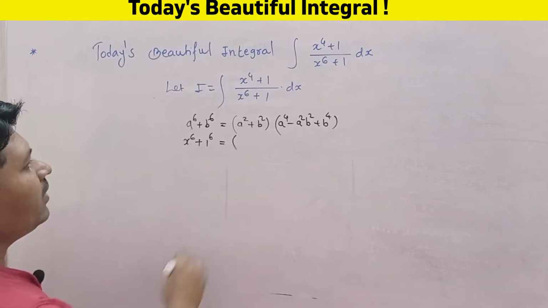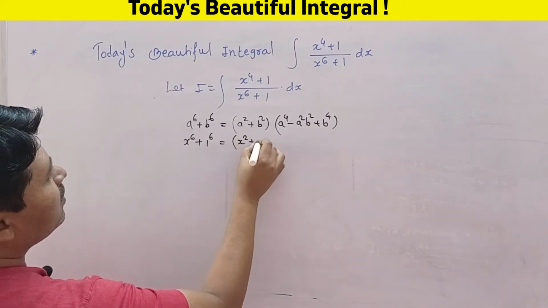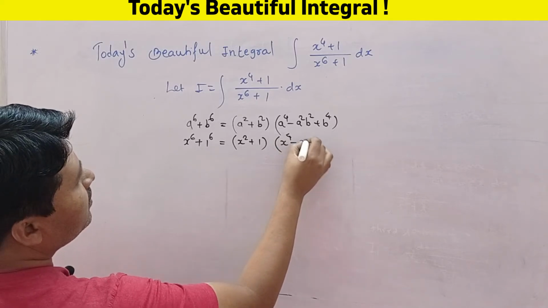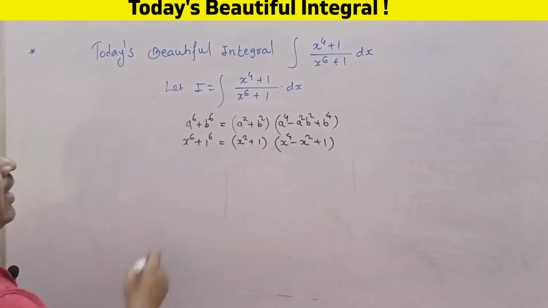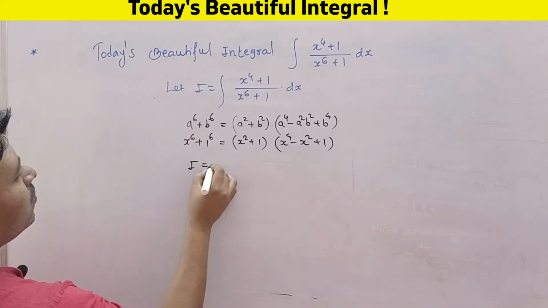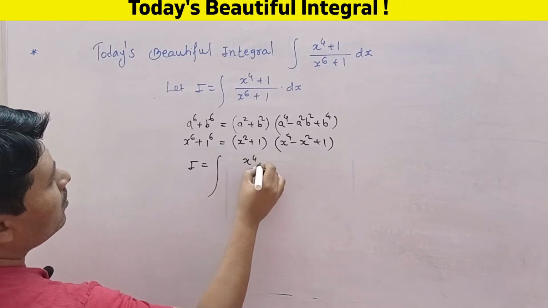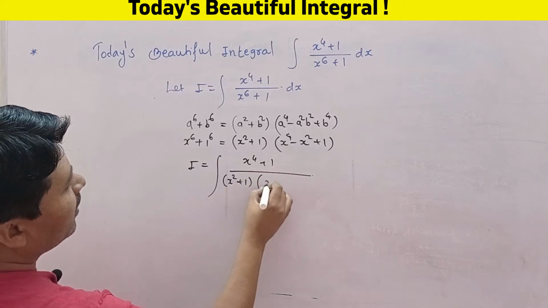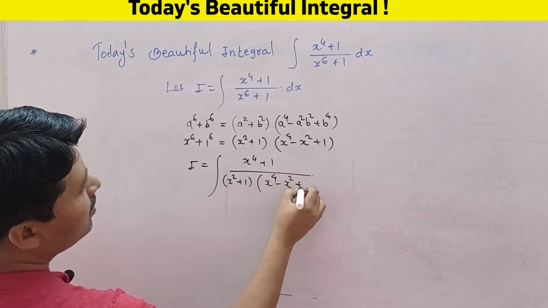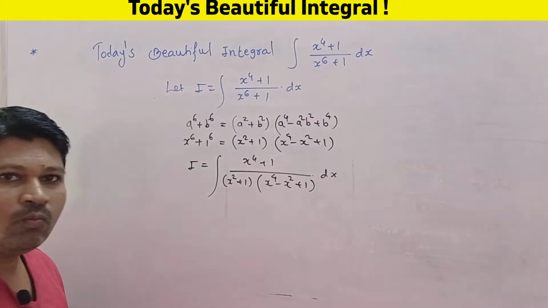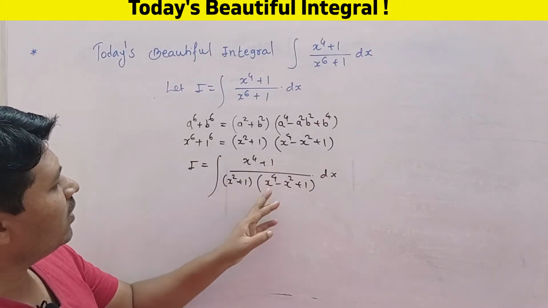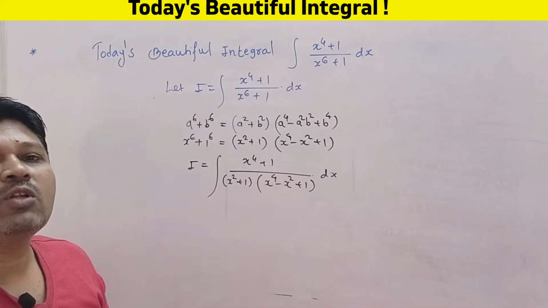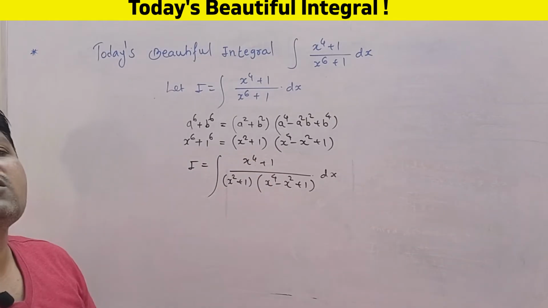So I can write it as (x^2 + 1) times (x^4 - x^2 + 1), and substitute this into the integration. So I equals the integral of (x^4 + 1) divided by (x^2 + 1)(x^4 - x^2 + 1) dx. Now we observe x^4 + 1 and x^4 - x^2 + 1, so I can adjust this term in the numerator.